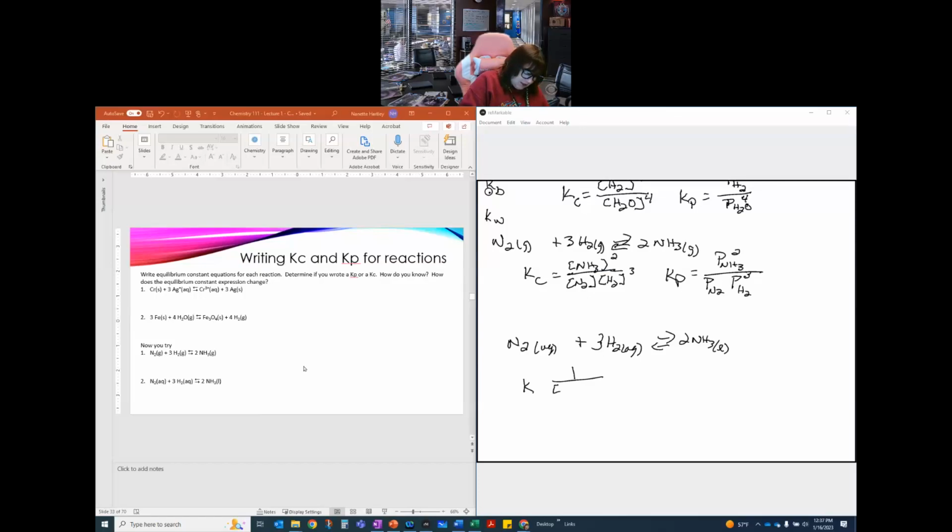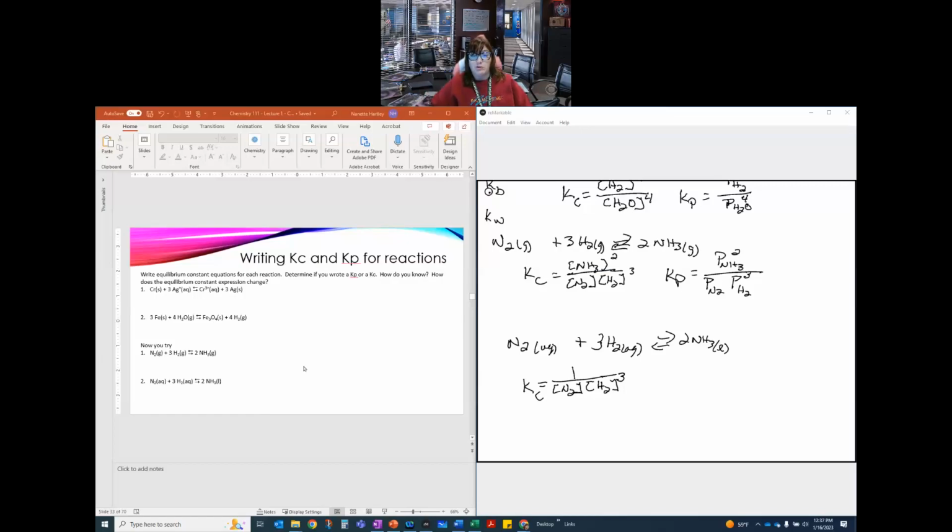That's going to be over the concentration of the N2, which is aqueous, so it appears, and the concentration of the H2, which is aqueous, so it appears, and that one is cubed. So because we're in different phases and we've now generated this liquid ammonia, we are not including that, and therefore this is a different thing. Now, these are concentrations, since they're aqueous, and therefore we are including the Kc, okay? And that's because the phase I was given is aqueous and not gas, okay? Questions about that? I hope there are no questions about that. That should be fairly straightforward.